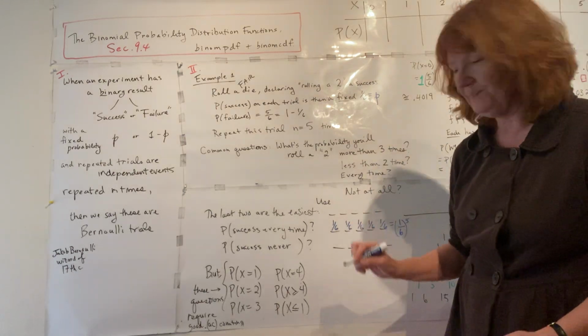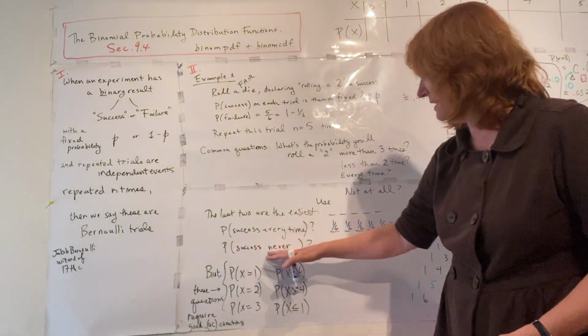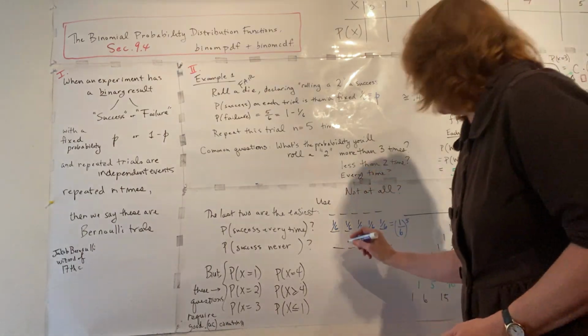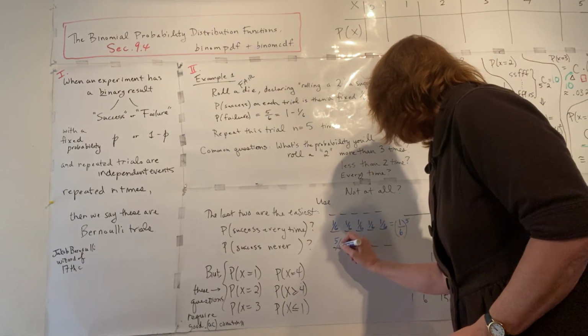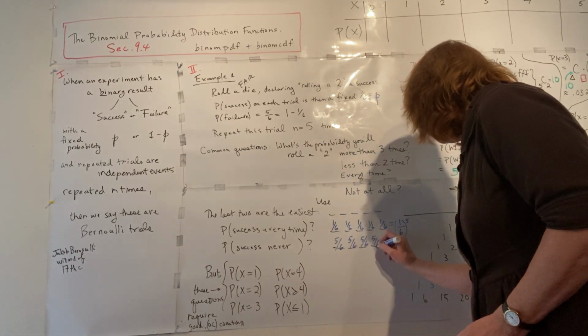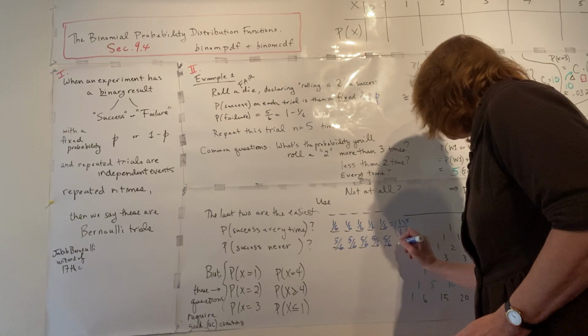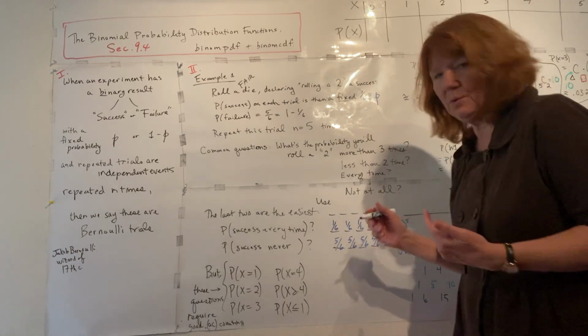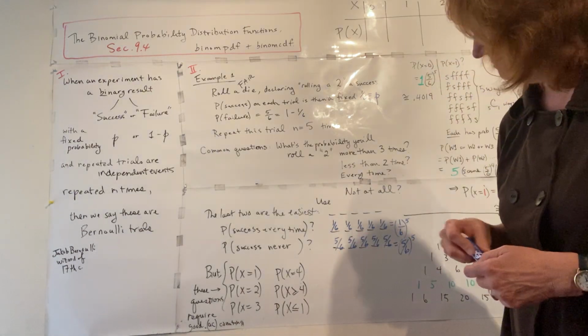That one we could answer. Or if it was a probability of never getting a success, never rolling a 2, that would just be 5/6 in each of these spots, or 5/6 raised to the 5th. Those questions are easy and don't require any special mechanism.